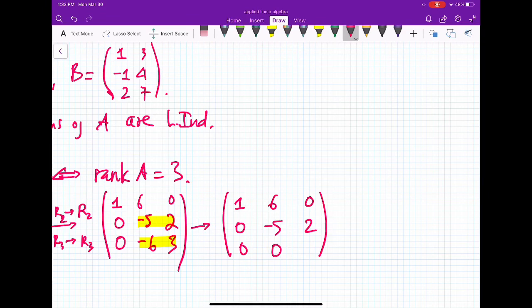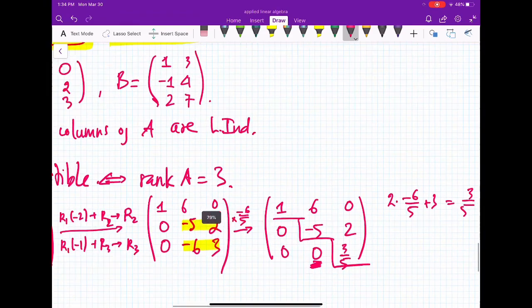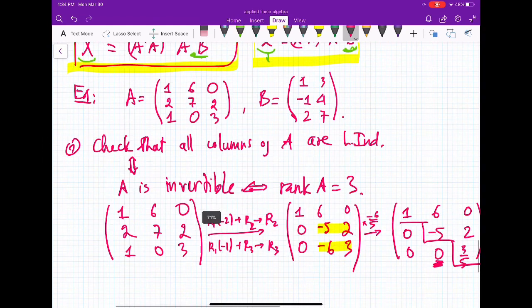Basically, you multiply the second row by -6/5 and add to the third, so you make this 0 already. 2 times -6/5 plus 3 is equal to 3/5. So basically, the rank of this matrix is 3. Perfect. The matrix A is invertible, and all columns of A are linearly independent.